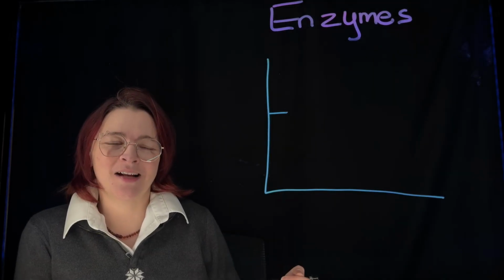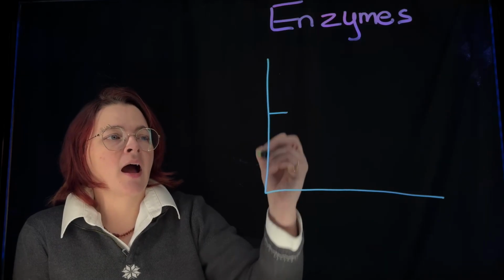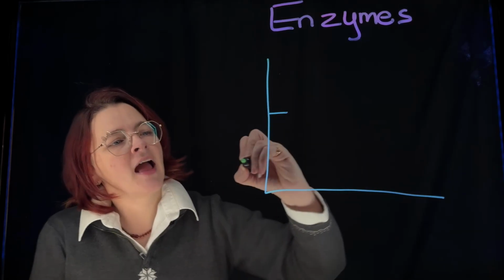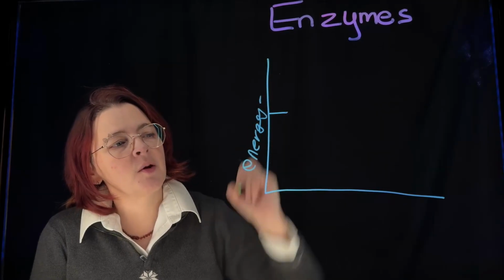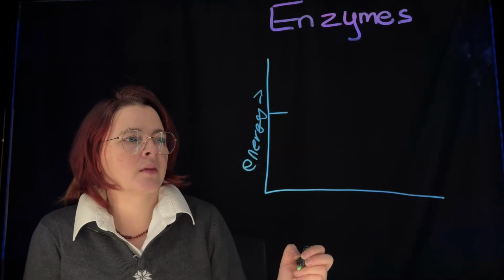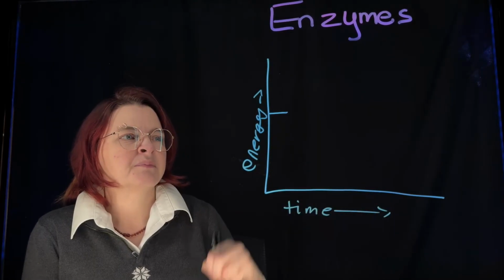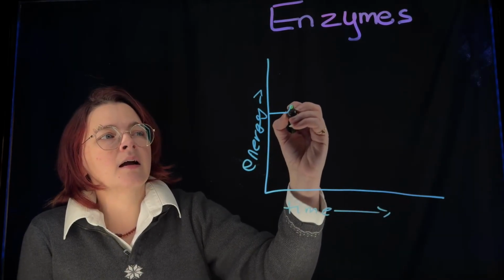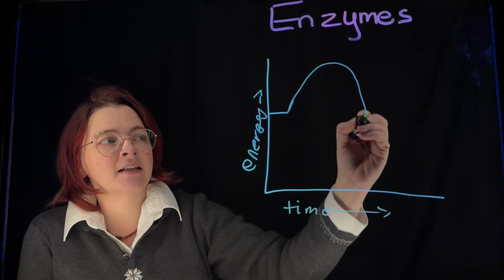If we are starting a reaction that is going to be catalyzed by a particular enzyme, and looking at a graph of the amount of energy that is going into the reaction, and this is time, the reaction needs to have a little bit of energy to go in. This is called the activation energy.